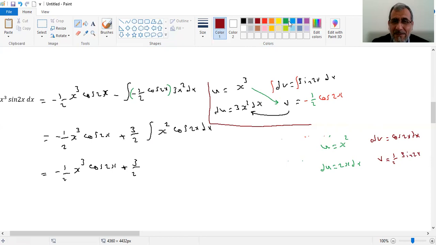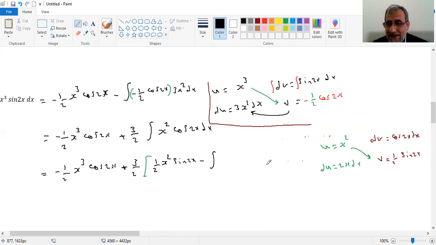Then the rule uv: u multiplied by v. So we have here half x squared sine 2x minus the integral of v du.